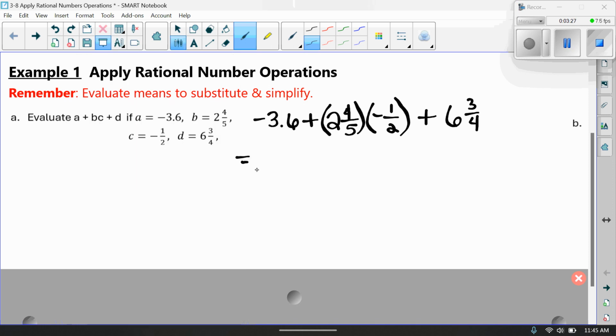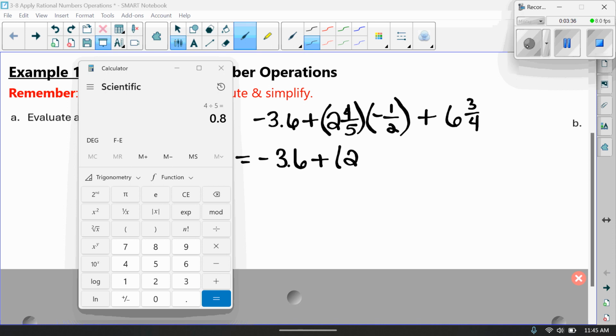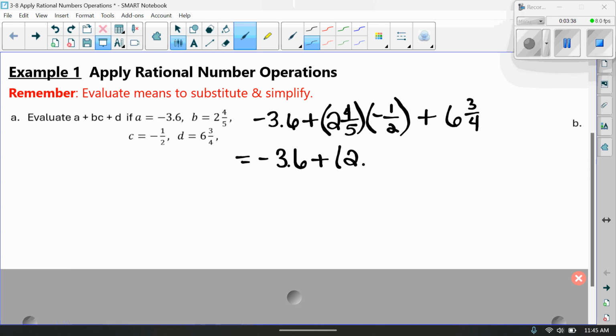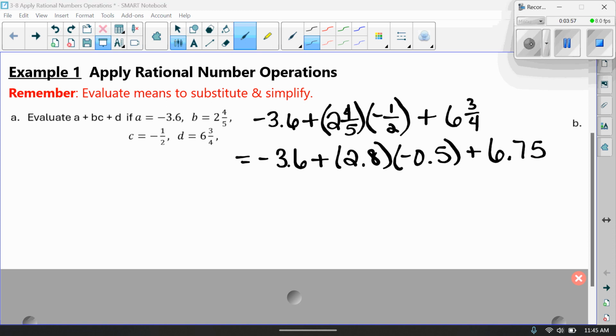So this is equal to a negative 3.6 plus 2.8 times a negative 0.5 plus a 6.75. And now we have all decimals. And now we use our order of operations. You remember your PEMDAS.